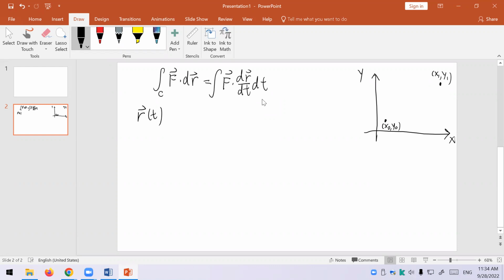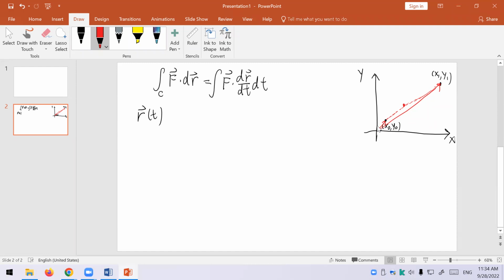And this r is a vector that goes from the initial point and then finally goes to the endpoint. So at some time t, the tip of that r has to be somewhere in between the two points.